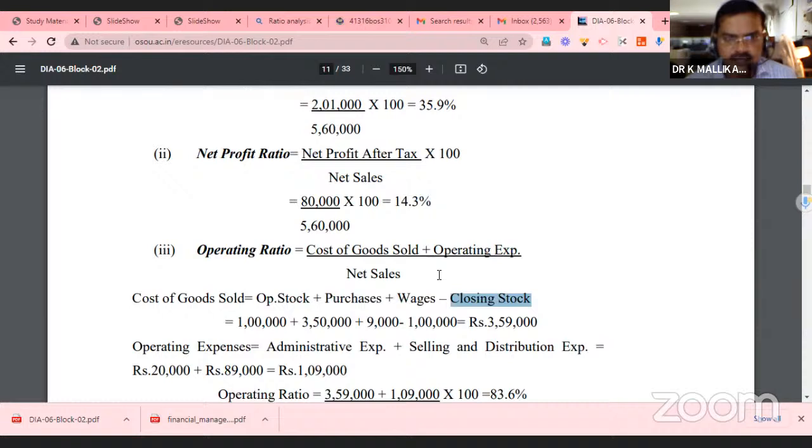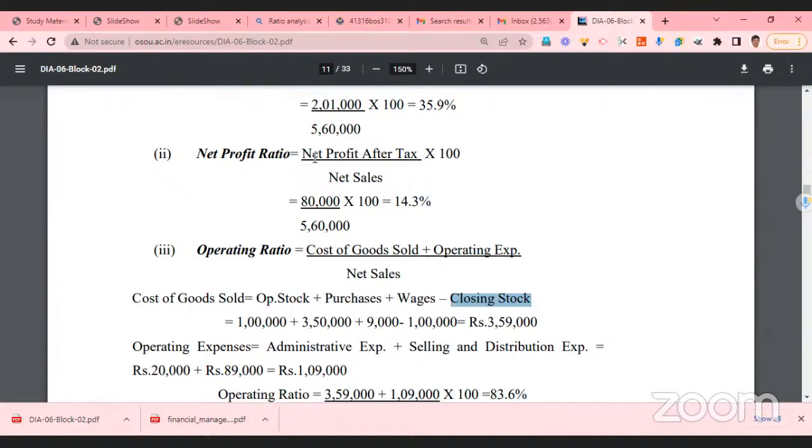Or else, very simple: sales minus gross profit. We know that sales minus gross profit is also called cost of goods sold. You can use this formula also in a simple manner.